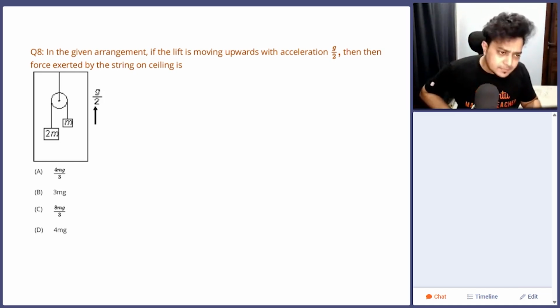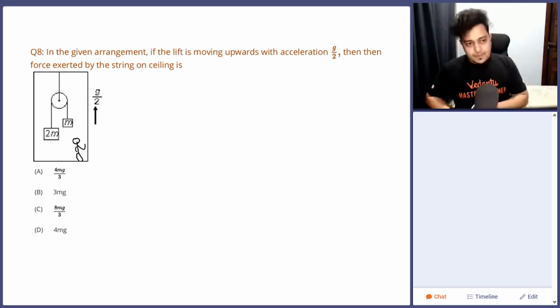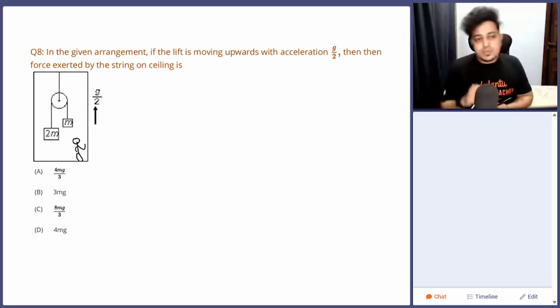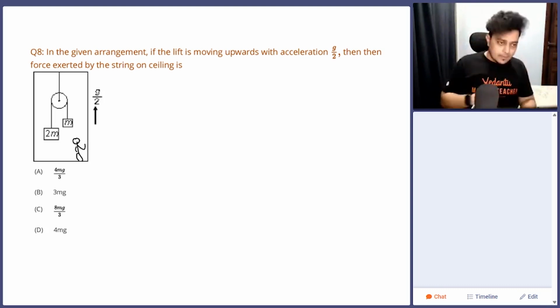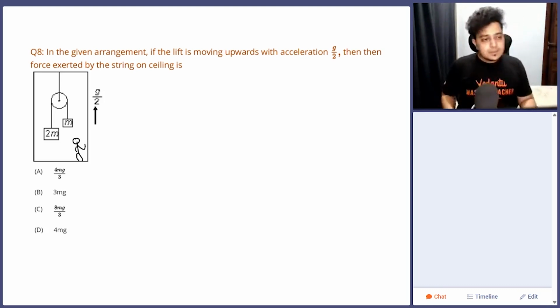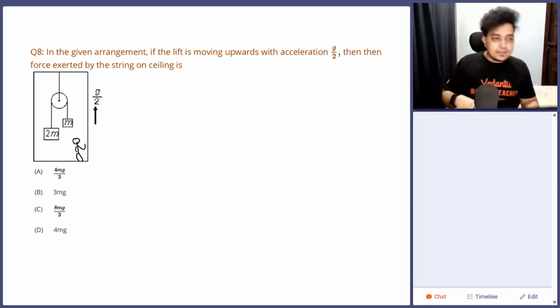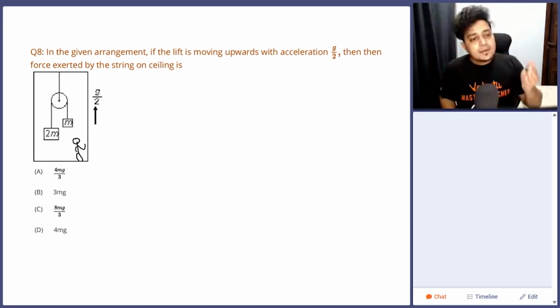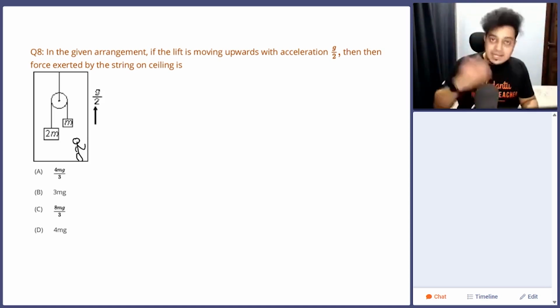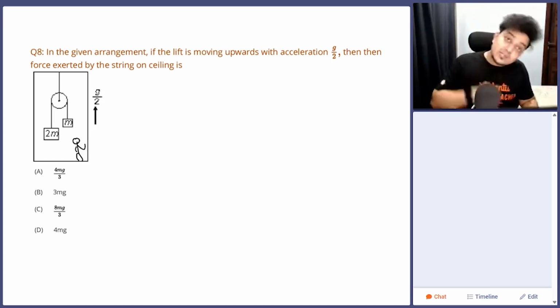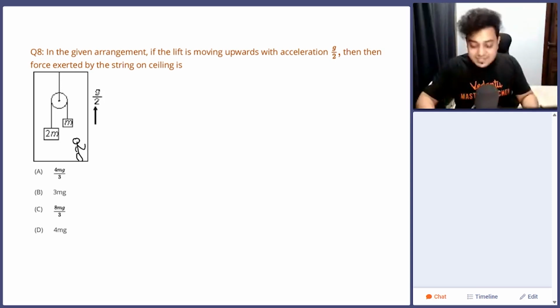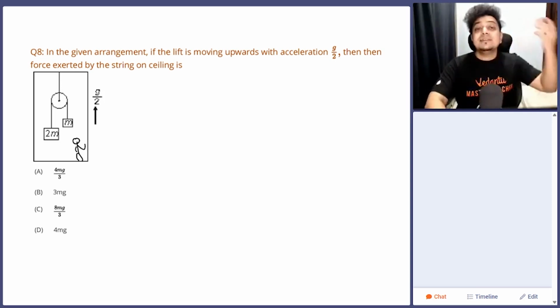So if I stand in the same elevator and I'm observing the motion, for me it's now Atwood's machine. For somebody who is in the elevator, it's an Atwood's machine, and the entire thing is going upward with an acceleration g/2. So I am the observer. I also have acceleration. If the observer has acceleration, then we call it a non-inertial frame.